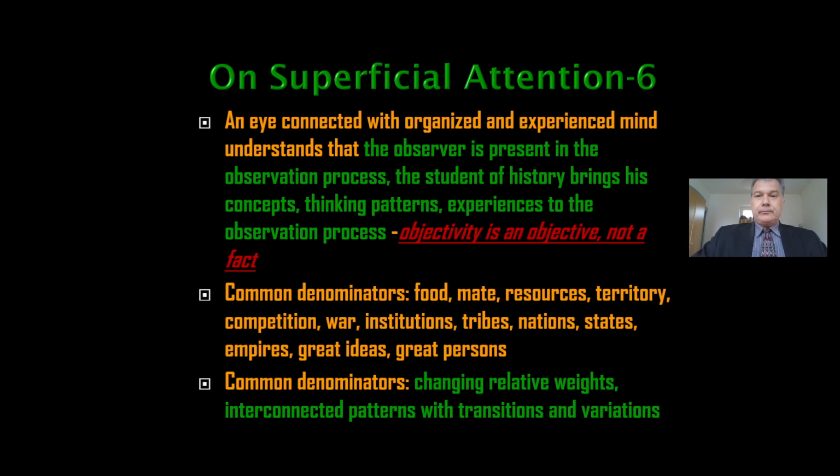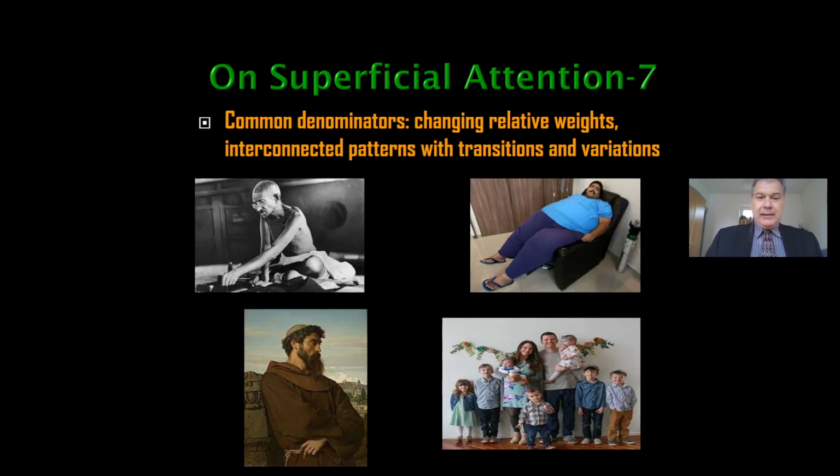Okay, but these common denominators have relative weights depending on your sensitivity and interests. They have also interconnected patterns with transitions and variations. Well, let's look at some examples, okay?